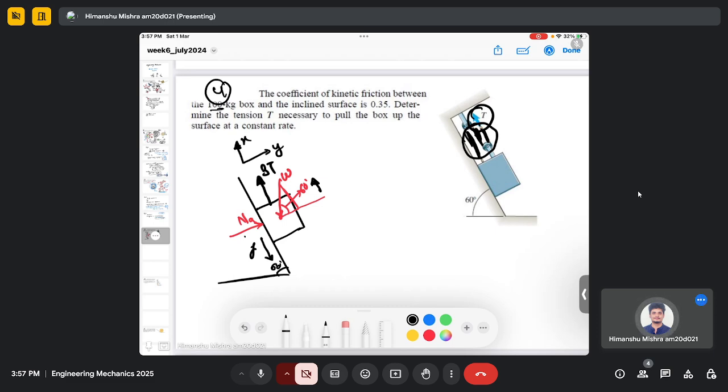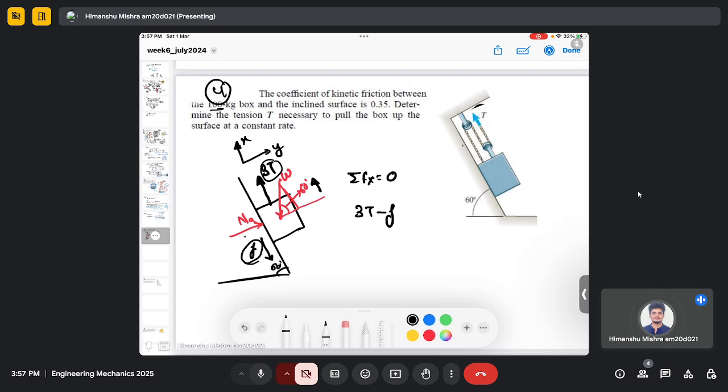So the friction force and this tension are now completely in the x direction. If I do the summation of forces in the x direction equal to 0, I will have 3T minus F, and the component of weight. Why is it 3T? Because 3.